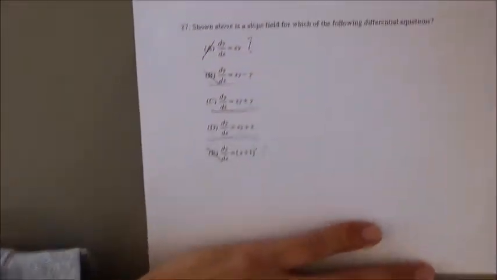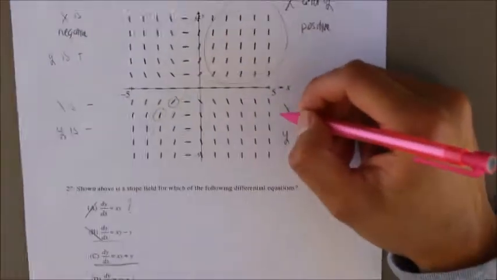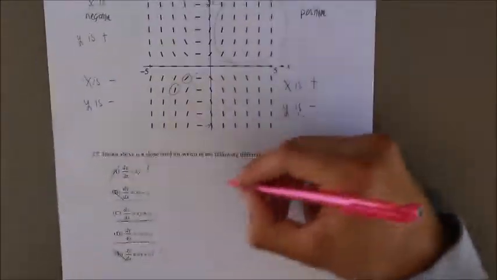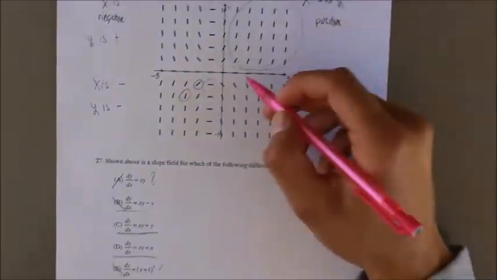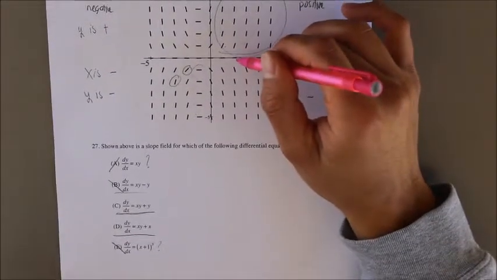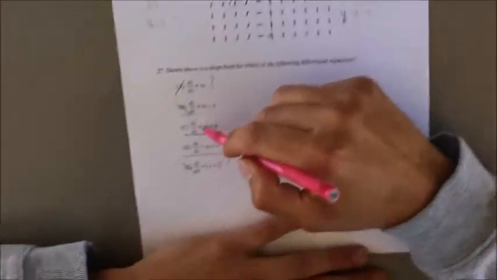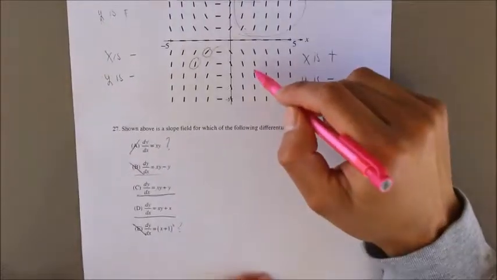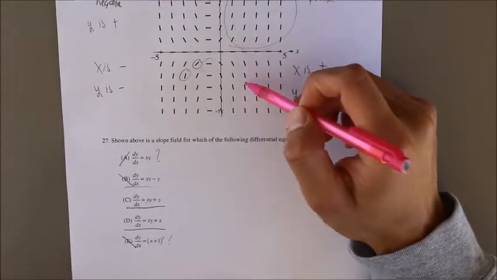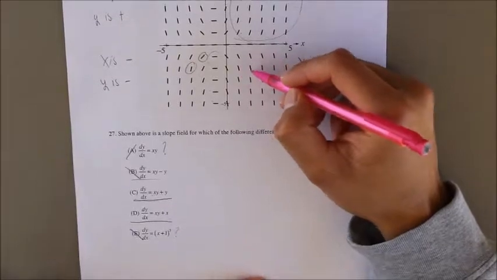Now we have to figure out which one works. Let's test C in quadrant 4. X is positive, so positive times a negative gives you a negative, plus y negative, so it's possible. Let's plug in the point (2, -2). 2 times -2 is -4, and -4 minus 2 gives you -6.